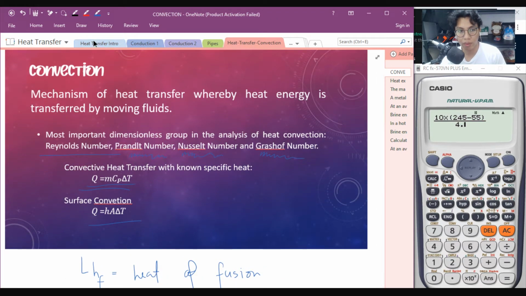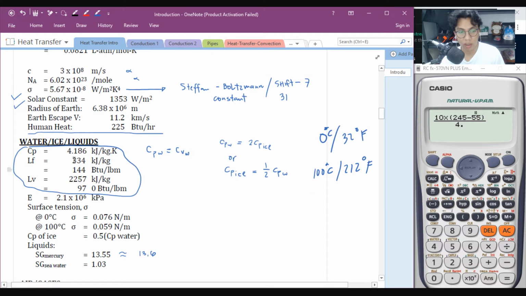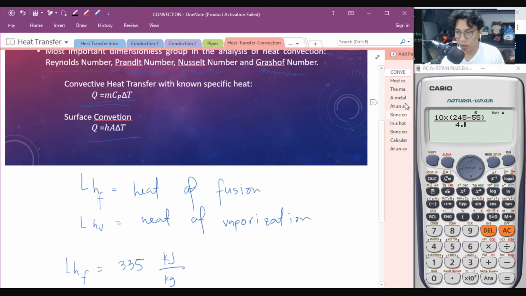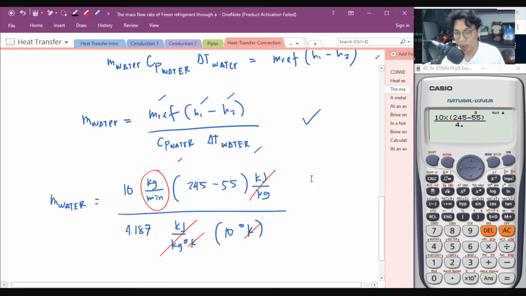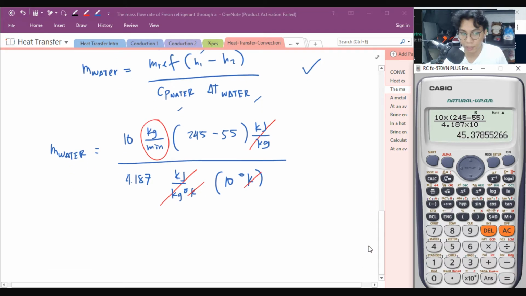Okay? Nandito po siya sa heat transfer. Ayan, 4.186, 4.187, pwede na yun. Karaniwan ang ginagamit dyan, 4.187. Okay? Kasi rounded off value na to. Times 10. So, the value for your water is 45.38 kilogram per minute.